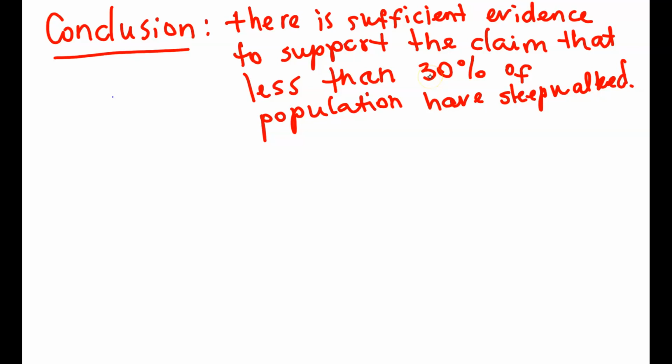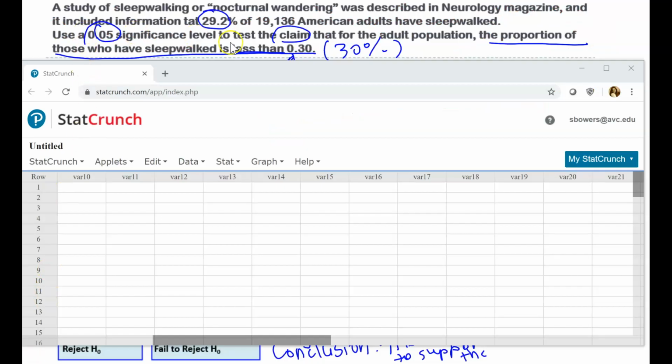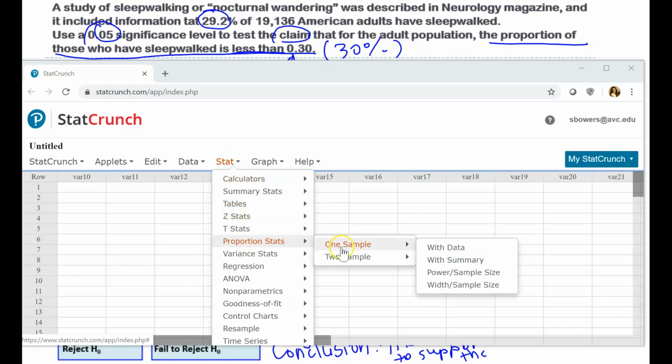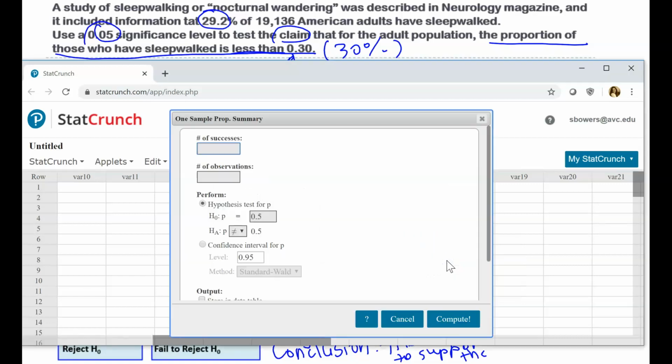Now let's look at how to perform the hypothesis testing of the population proportion using StatCrunch. To perform the hypothesis testing for the population proportion in StatCrunch, go to Stat, go to Proportion Stats, One Sample with Summary, enter the number of successes. Remember, 29.2% of 19,136 was 5,588. Total number of observations, 19,136.